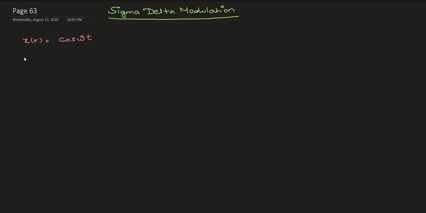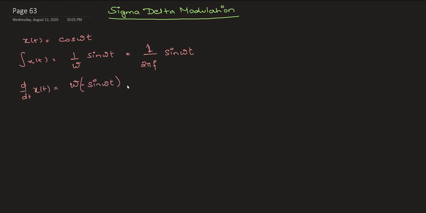I have told you that you take a sinusoid signal, do the 1-bit modulation or 1-bit quantization, and get the staircase waveform. Same way, you take the staircase waveform and apply the LPF, or low pass filter, and you get the smoothened signal, or the sinusoid back.